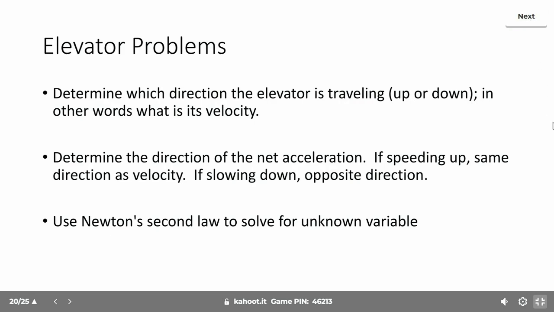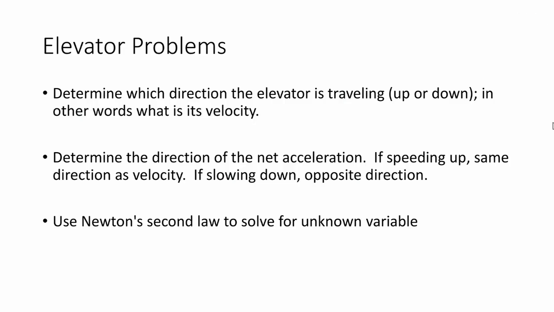Okay, so if you encounter any problems where they're talking about you traveling in an elevator and they want you to calculate the weight of the person, these are the steps that you do. First, you figure out if the elevator is traveling up or down. Then you determine what direction the acceleration of the elevator is.